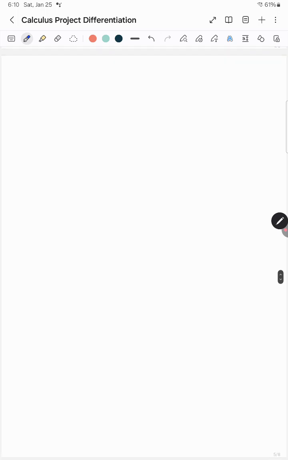Our final example, we're going to use the sum rule, and we're going to apply the sum rule in order to find the slope of our tangent line at a given point. So we're going to add a little bit extra here.